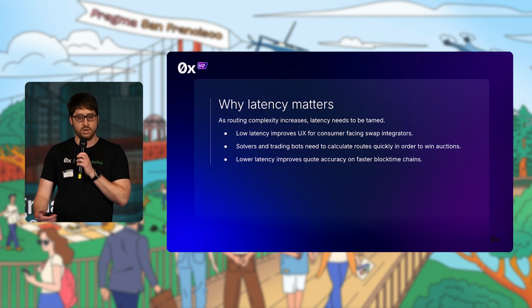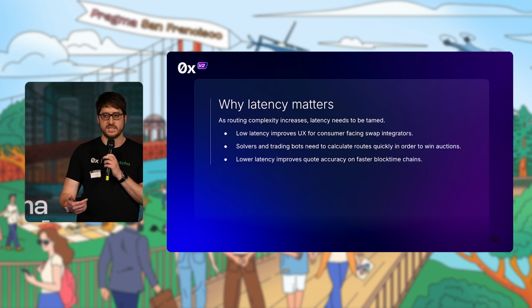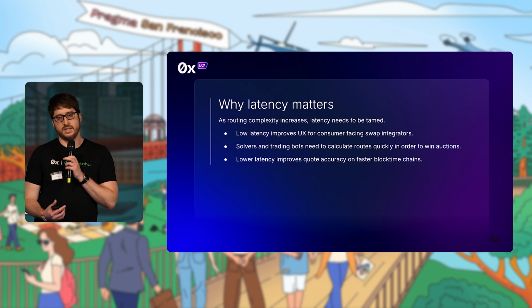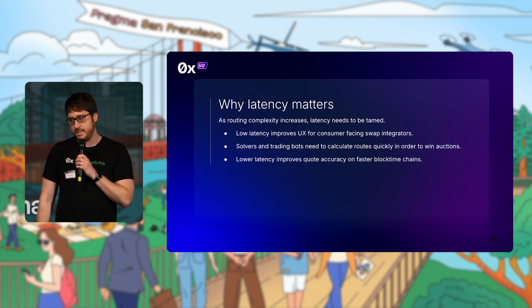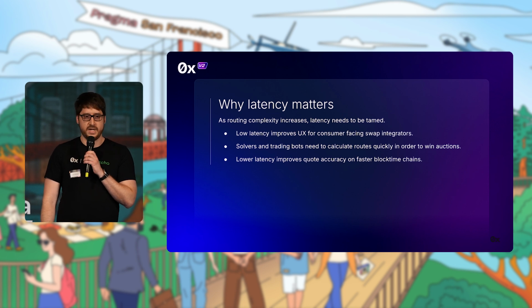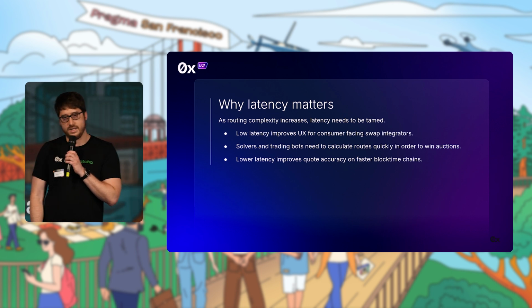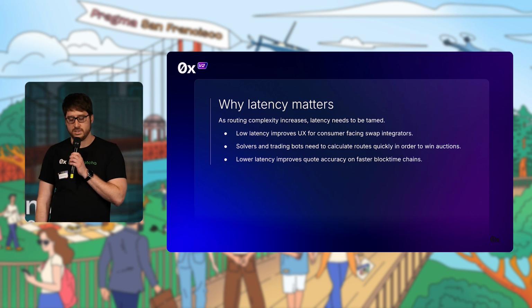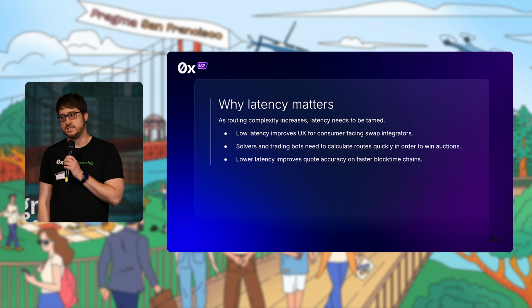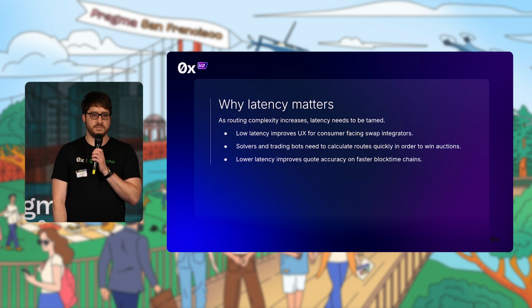So there are a lot of solvers and trading bots that use DEX aggregation APIs in these auctions, these intent-based auctions. And if you are participating in an auction that is only a few seconds long, obviously latency needs to be quite a bit lower than that. Also, a lot of these newer chains, cheaper chains, have pretty fast block times.